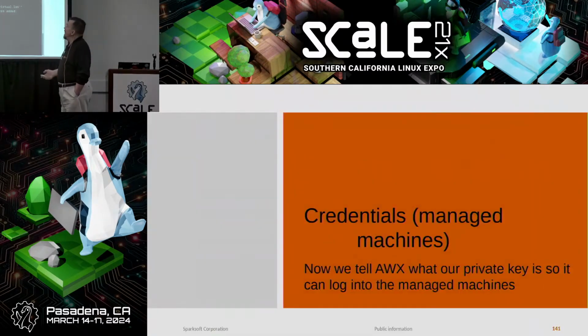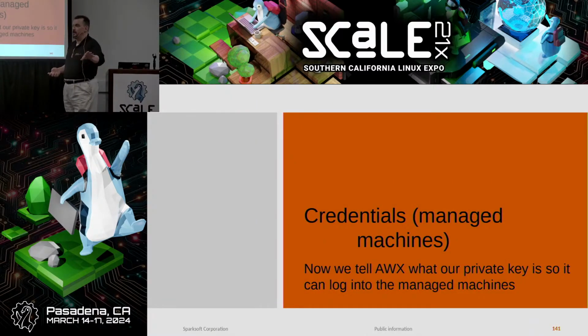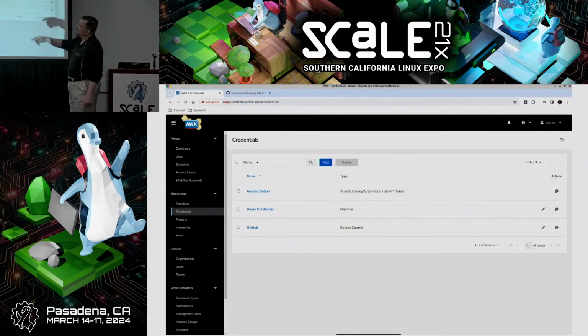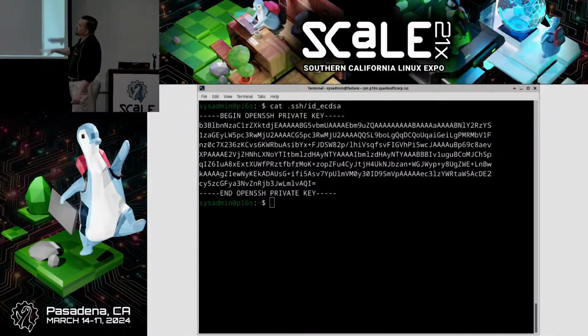And then we're going to go back to credentials. Remember I said earlier, you could do one set of credentials for logging into GitHub, but now what we need to do is tell AAP or AWX about how it can log into your systems. So I'm going to go into credentials again. I'm going to add a credential. There is my private key.